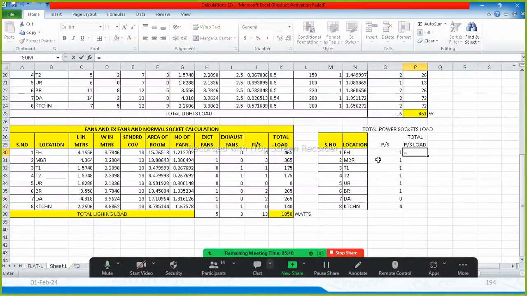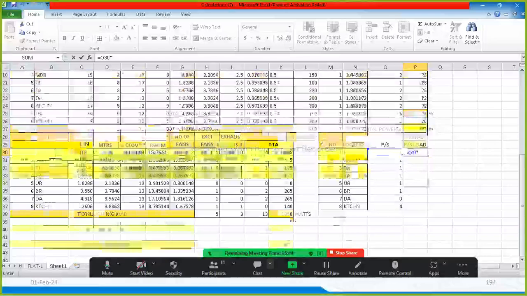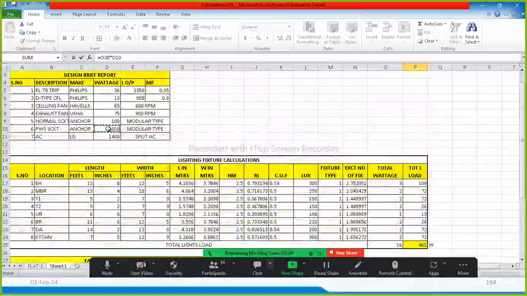So coming to the power socket load, that is equal to power socket count into the power socket wattage. Here the power socket wattage is 1000.